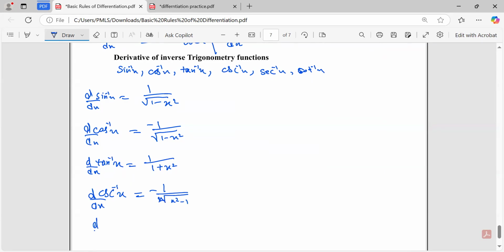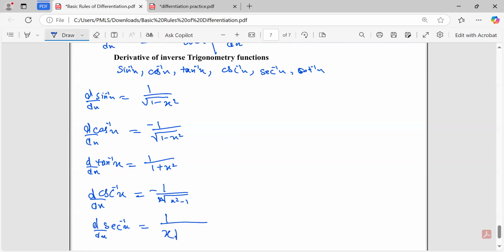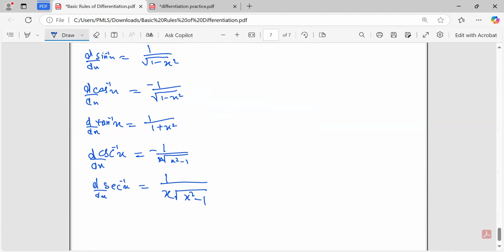And in the same way, the derivative of secant inverse x will be equal to, sorry, this will be a plus, 1 over x times the square root of x square minus 1. And the last one, the reciprocal of tan inverse of x is cot inverse of x, and its derivative will be minus 1 over 1 plus x square.